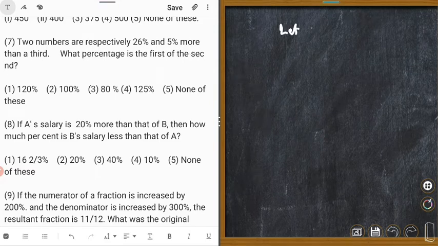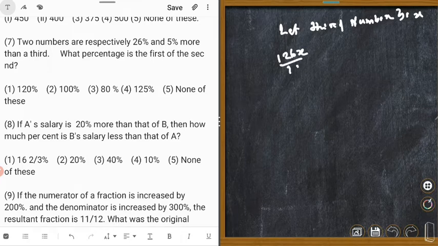Let the third number be x. The first number is 26% more, that is 126x upon 100. The second number is 5% more, that means 105x upon 100. Which is greater? The first number is greater than the second number.